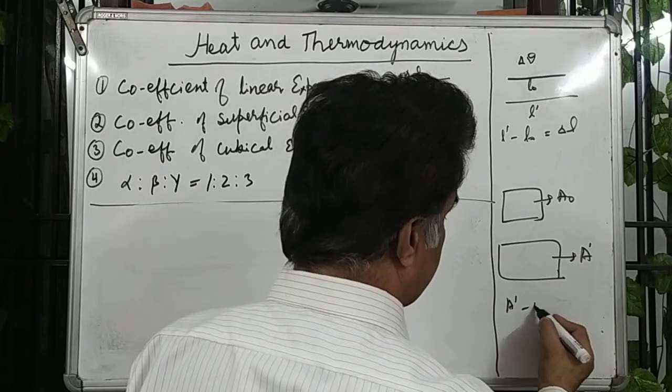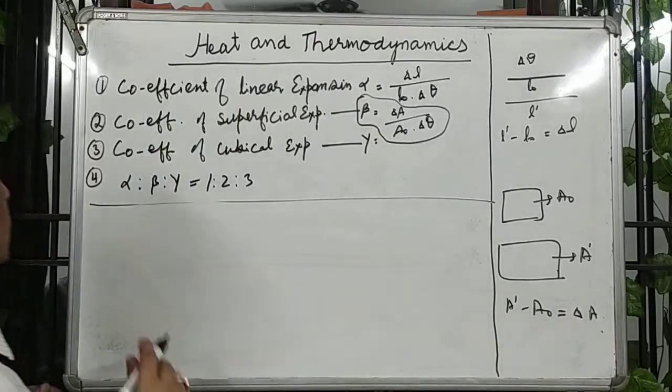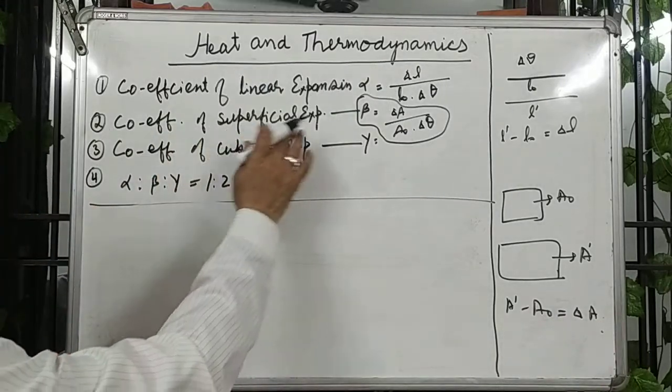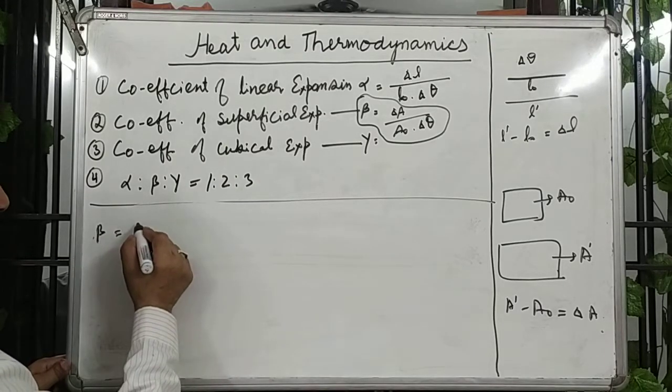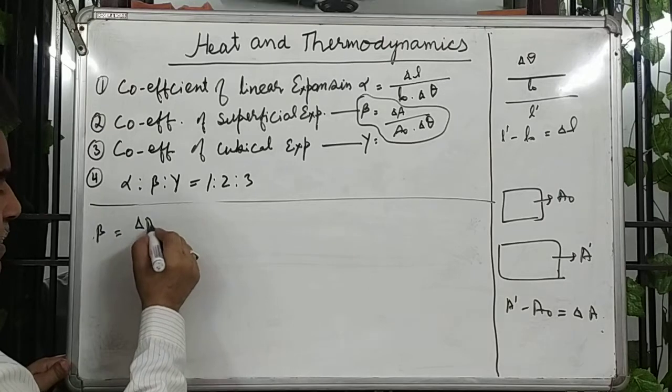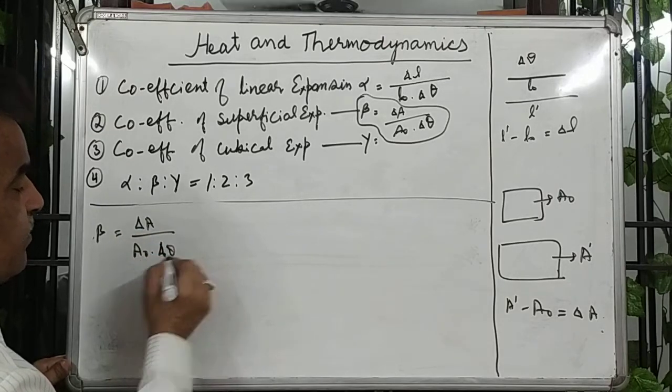So A dash minus A naught is the change in area. So coefficient of superficial expansion, beta, is by definition the change in area per unit original area per unit change in temperature.